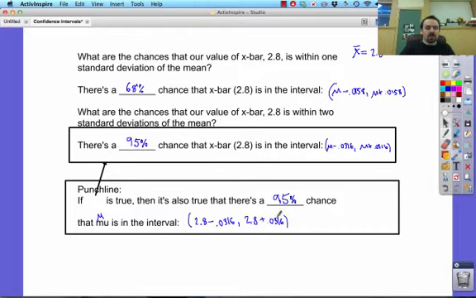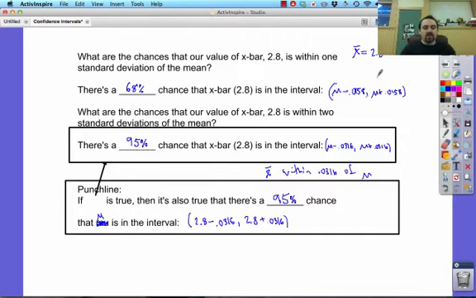Okay, now I've taken a little shortcut here with some of the language, but I want to make the point that this is basically the idea. If there's a 95% chance that x bar falls within 0.0316 of mu, then there's also a 95% chance that mu falls within 0.0316 units of 2.8.